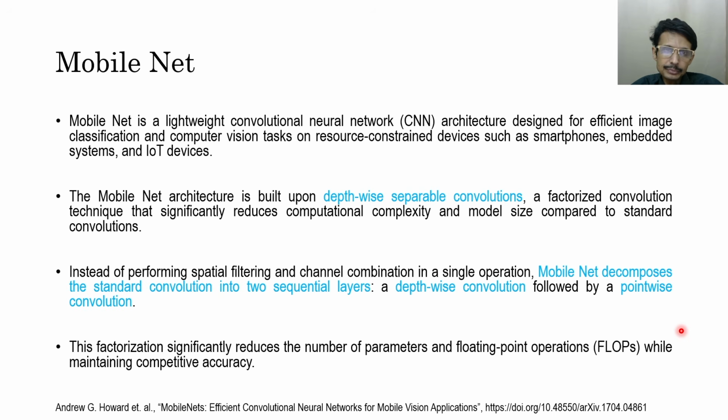DenseNet, and even ResNet, are very resource hungry, deeper networks. They are not very suitable for mobile phones or embedded systems because these are resource constrained. That much resource or GPU hardware is not available there. For that reason, MobileNet is important.